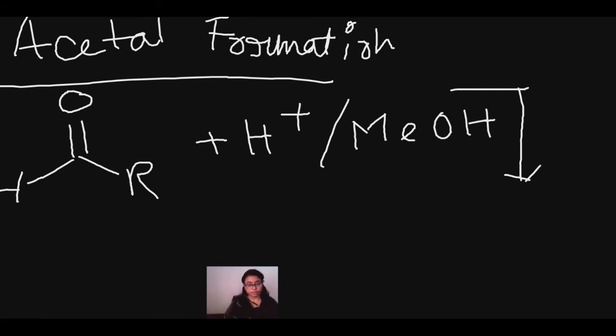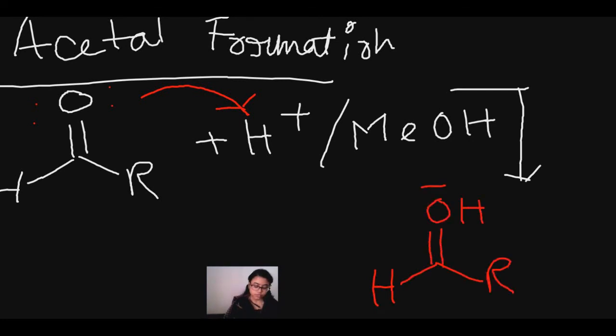Whenever there is a carbonyl group and H plus in the medium, the lone pair of oxygen will capture the H plus and form R, H, double bonded OH. As the double bonded O has taken one H plus, a positive charge will come upon oxygen.